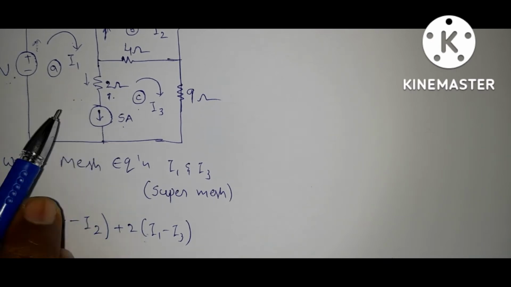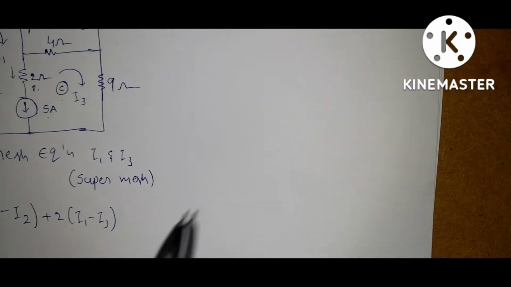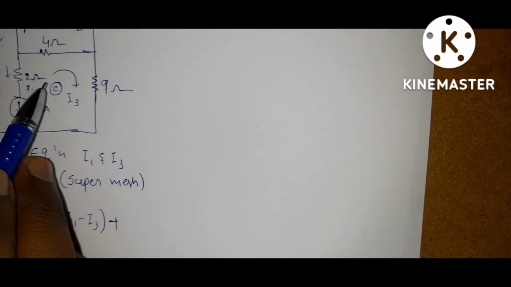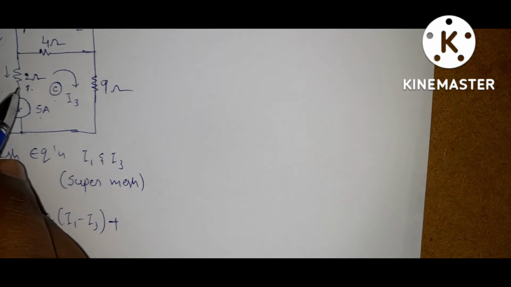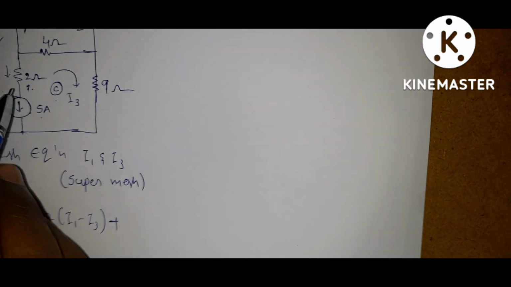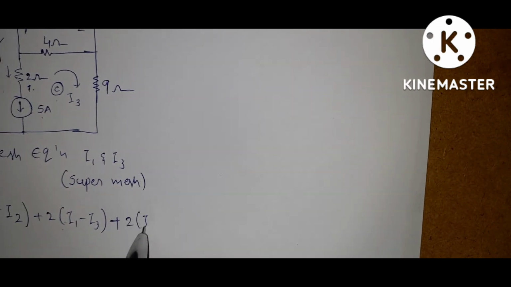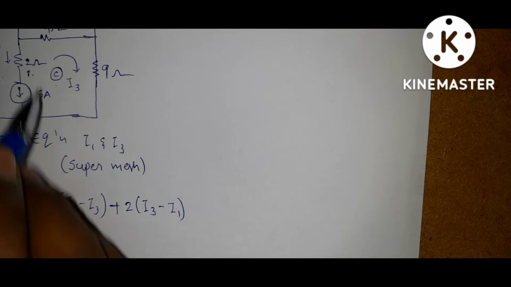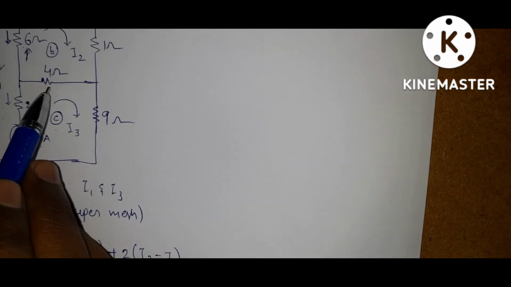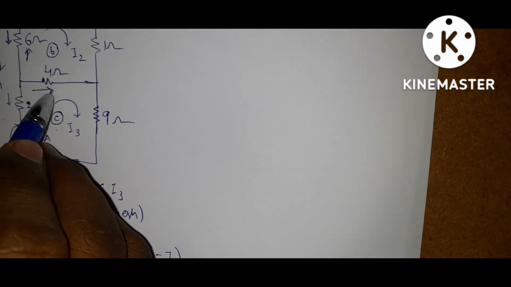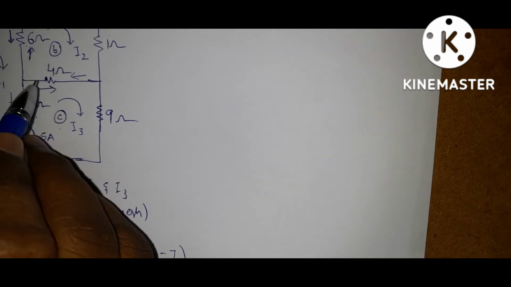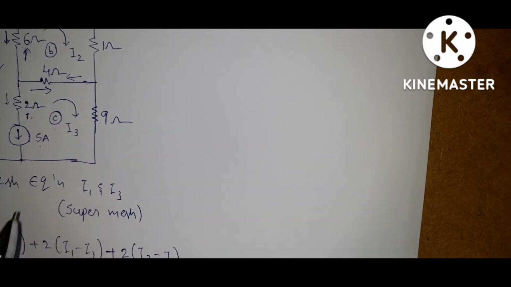For this loop, this is completed. So this is the supermesh, so write the equation combinedly. Now plus, coming to this loop, there are no sources here. So for the 2 ohm resistor, 2 into I3 minus I1, plus for this 4 ohm, I3 is left to right and I2 is right to left, so both are in opposite direction.